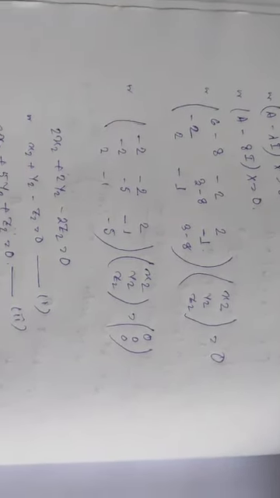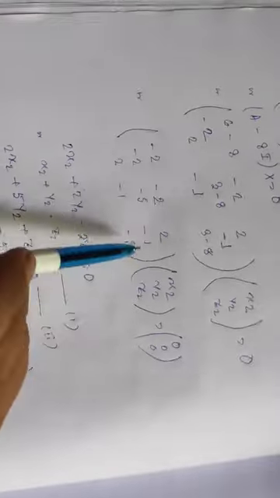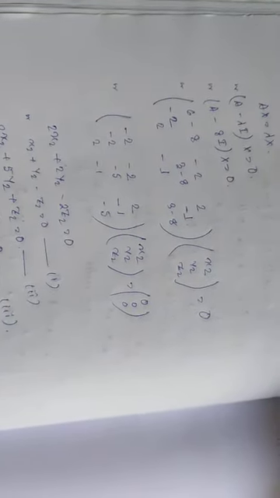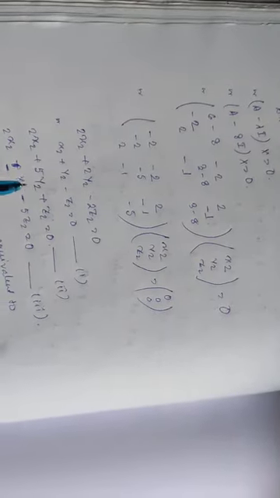And now if we simplify, we get this matrix, and from here we can write 2x2 plus 2y2 minus 2z2 is equal to 0, 2x2 plus 5y2 plus z2 is equal to 0, and 2x2 minus y2 minus 5z2 is equal to 0. See here the three equations are different.